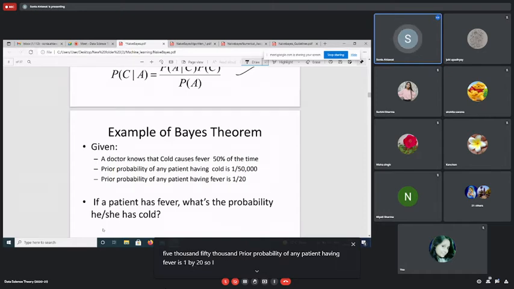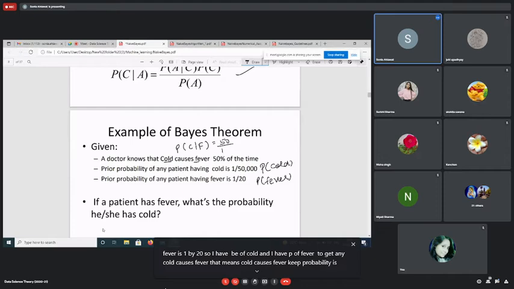So I have P of cold and I have P of fever. ठीक है. एंड यहाँ पे क्या बोलता है? कोल्ड कॉजेस फीवर. दैट मीन्स कोल्ड कॉजेस फीवर की प्रोबेबिलिटी इज half. Fine. Now it says, if a patient has fever, what is the probability he or she has cold? Can we calculate? Yes, ma'am.